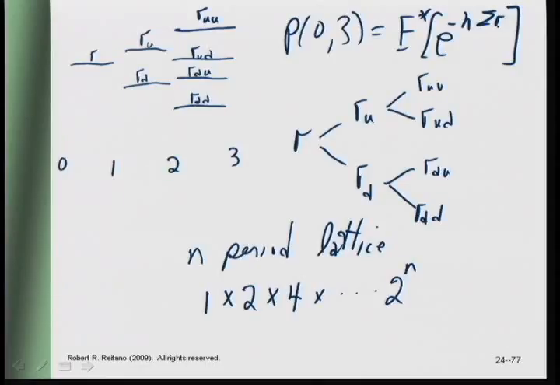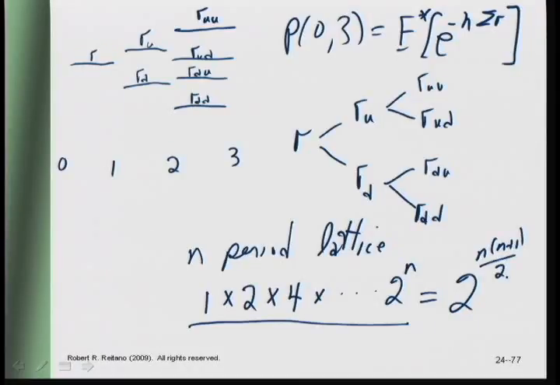To get the exact answer according to this lattice, you would need to reflect every combination of interest rates, of which in an n-step lattice you can see it's a pretty big number. And in particular, this would be 2 to the n times n plus 1 over 2. I think that's right, because I'm adding exponents from 0 to n.